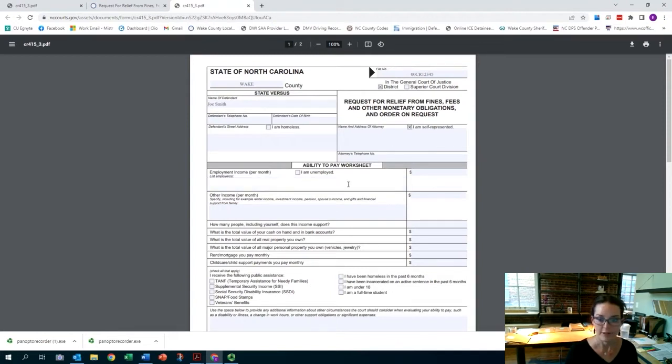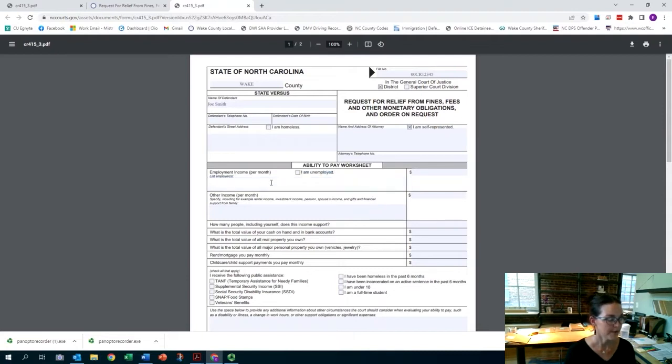Next, you're going to look down here at the employment income. They're asking for the information on a per month basis, so not weekly or biweekly, but monthly. They're also asking you to list your employer. There's also a checkbox here if you are unemployed.